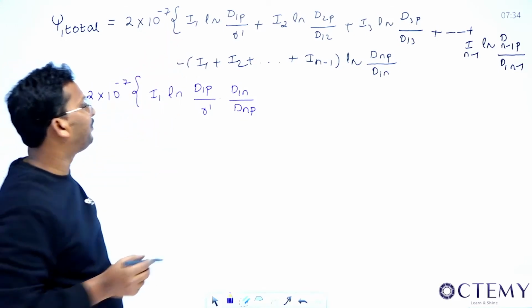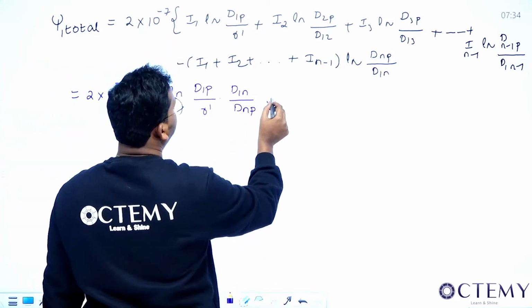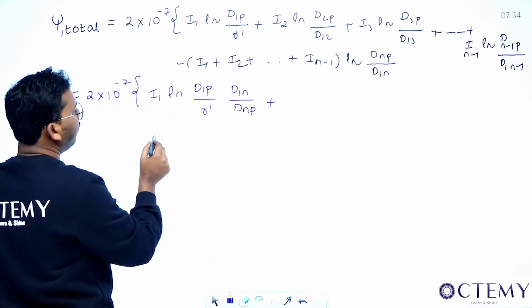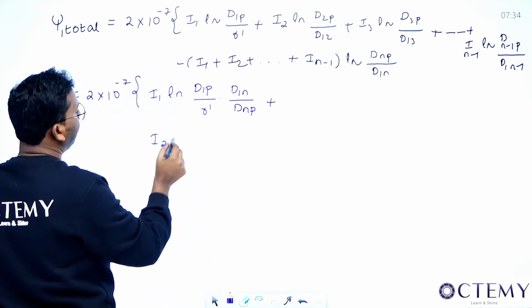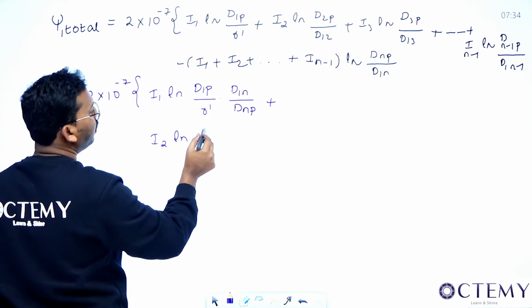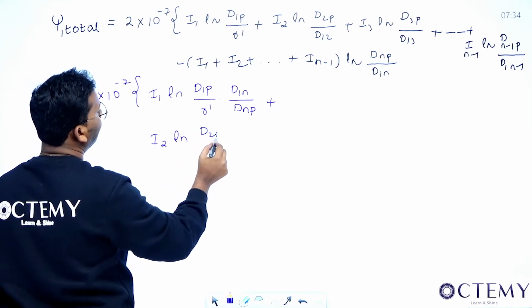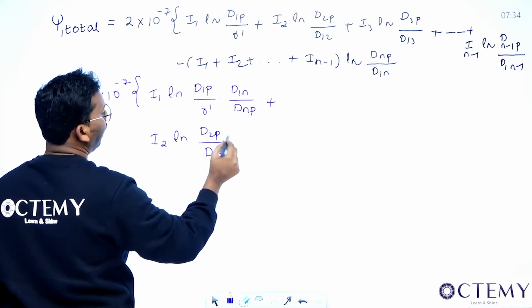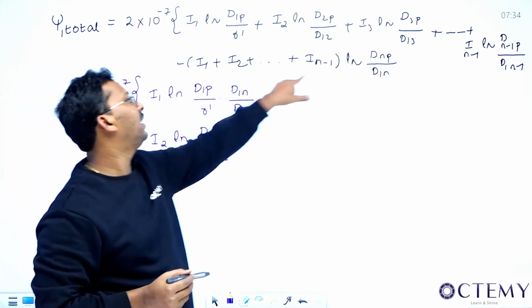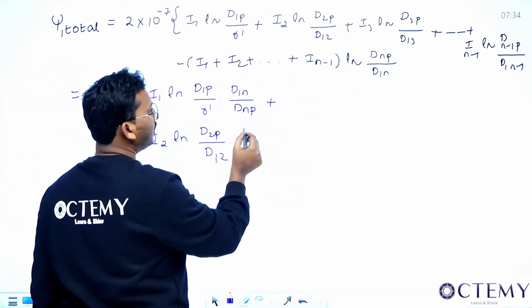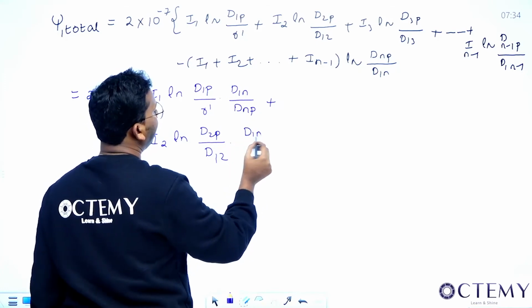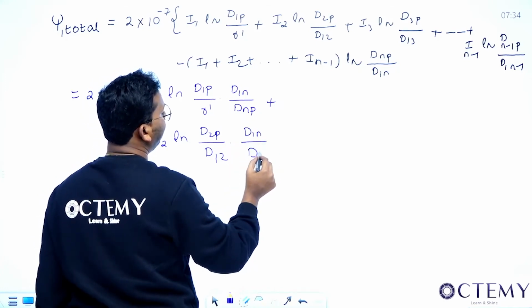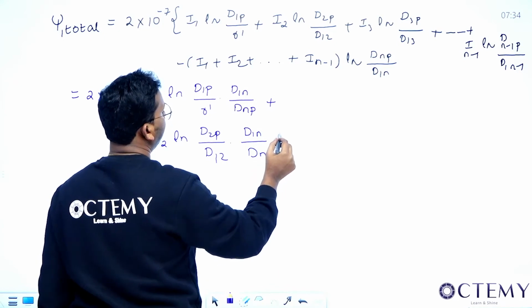So just add them. Similarly, plus, if I want to show it for the second one, I2 into ln d2p divided by d12, and you invert this fellow because there is a minus sign here also. If you invert this, it will become d1n divided by dnp, plus.